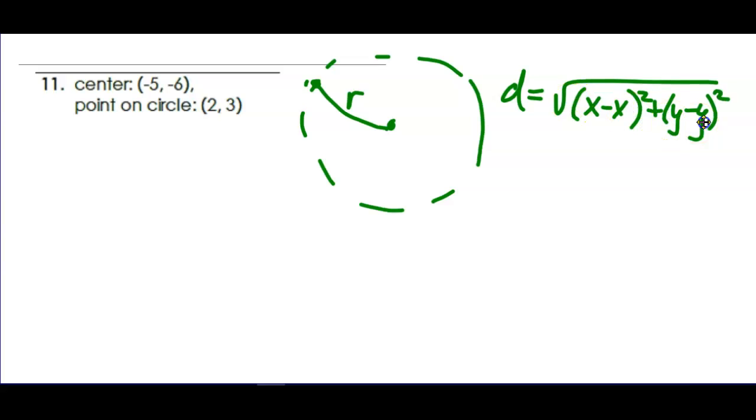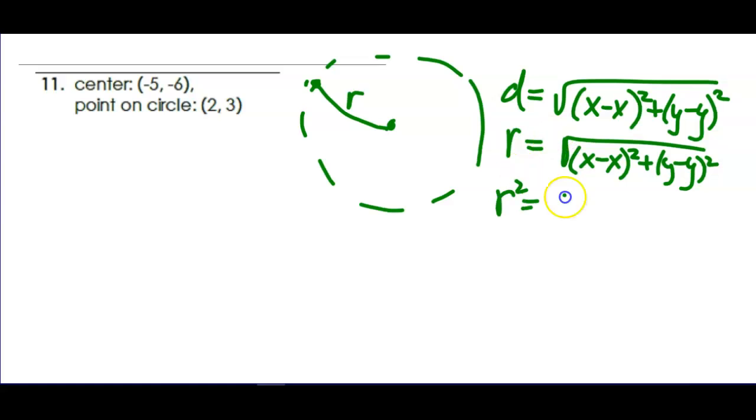It's the equation of a circle, except the distance is radius. So you have the radius is, if you square both sides, you get the radius squared equals, that's just the distance formula.